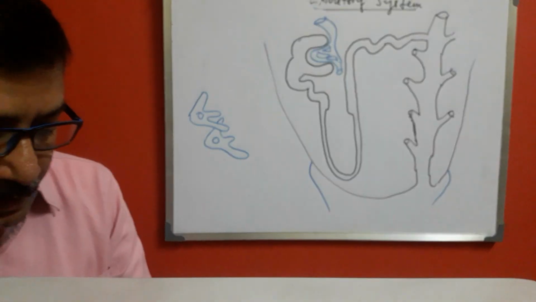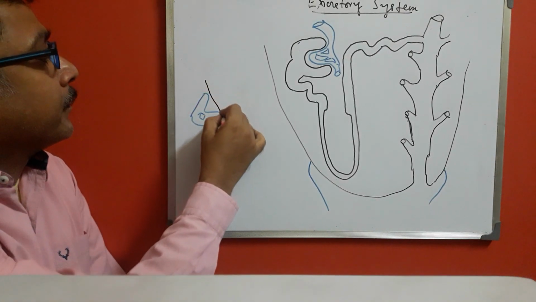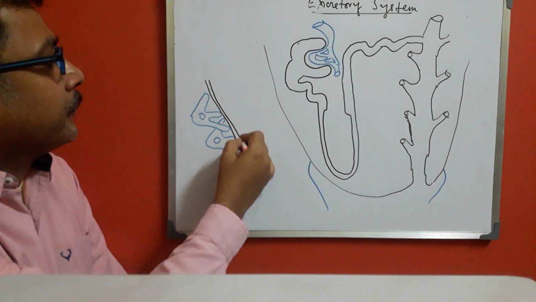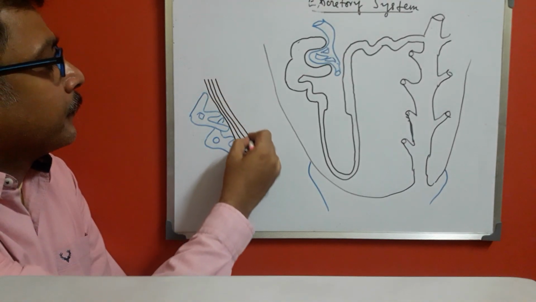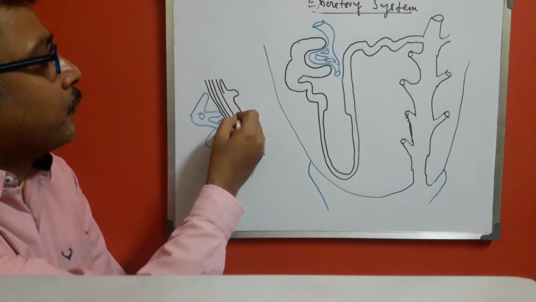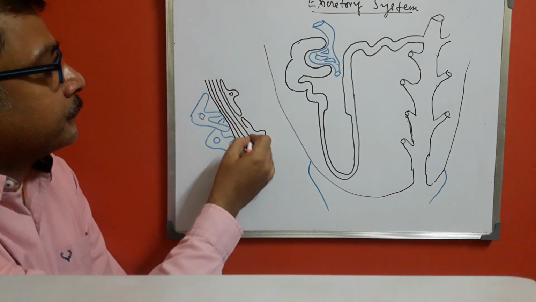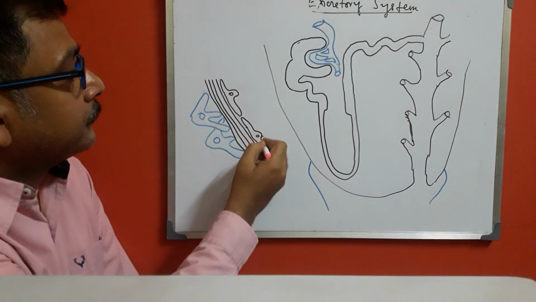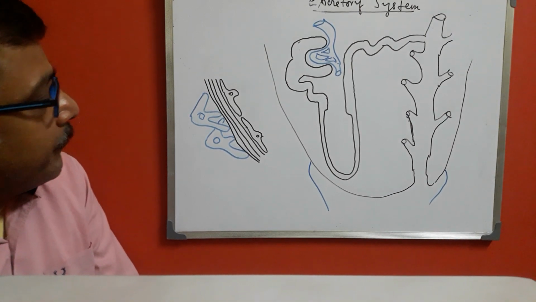This is the podocyte. It rests on the basement membrane. The glomerular epithelium rests on the basement membrane. So there is a filtering membrane, a membrane through which the glomerular filtrate passes from the glomerulus to the Bowman space.